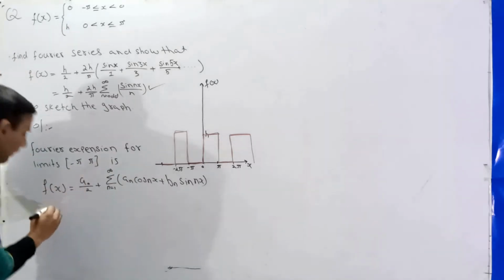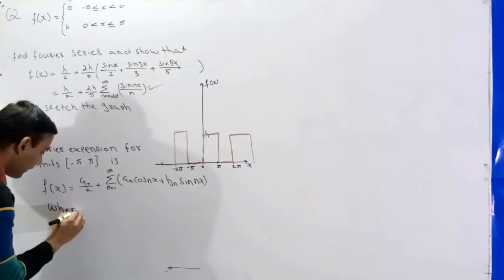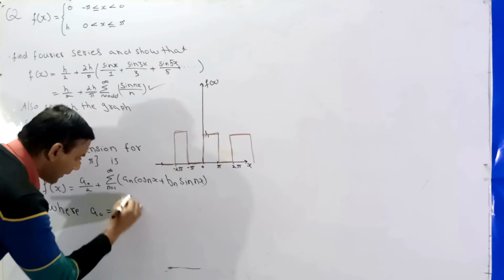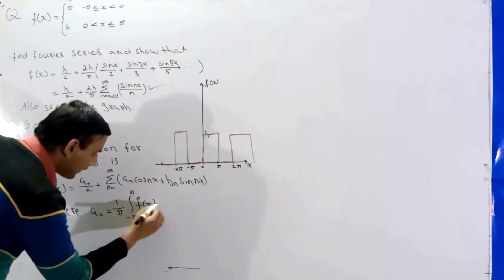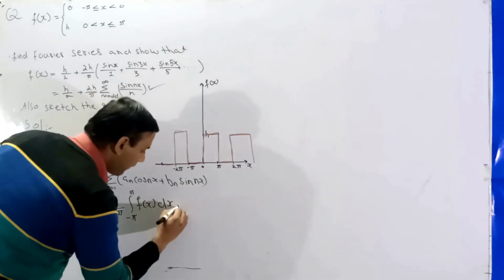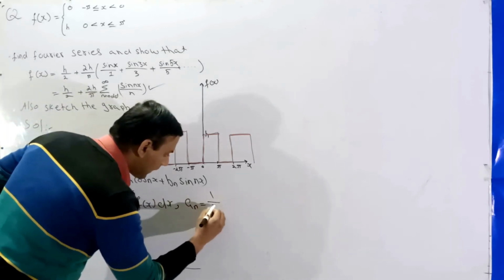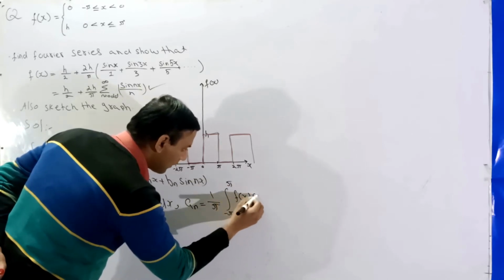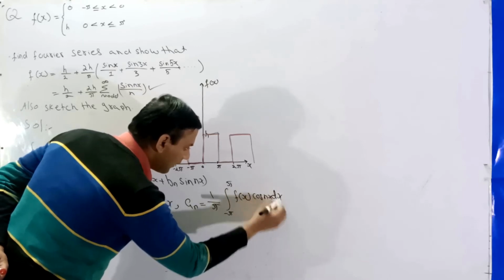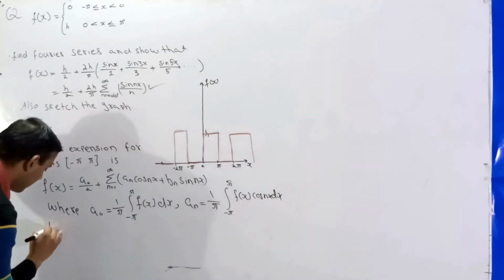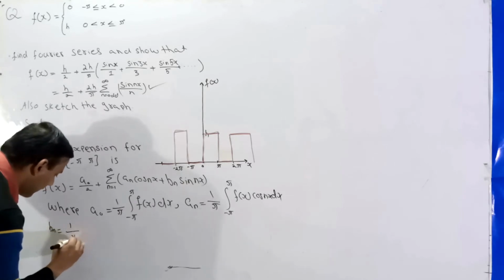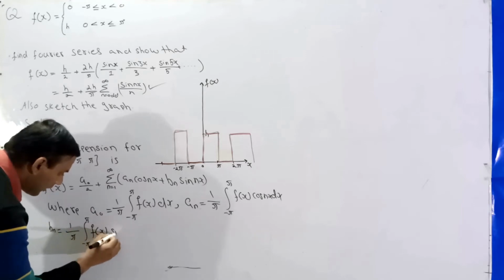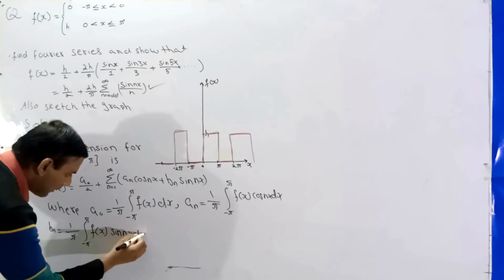As we know that a naught is equal to 1 over pi integral minus pi to pi f of x dx, and the value of a n is 1 over pi integral minus pi to pi f of x cos nx dx, and the value of b n is 1 over pi integral minus pi to pi f of x sin nx dx.